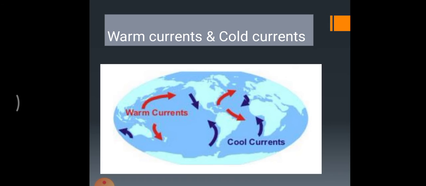Warm currents flow from tropical or subtropical regions towards polar or subpolar regions. Now look at the blue arrows, which represent cold currents.